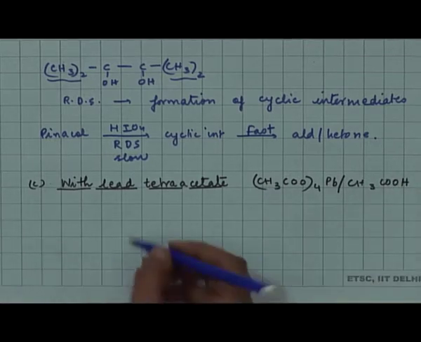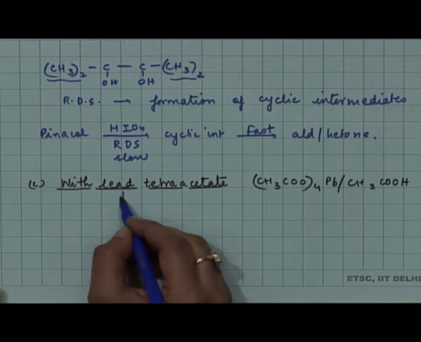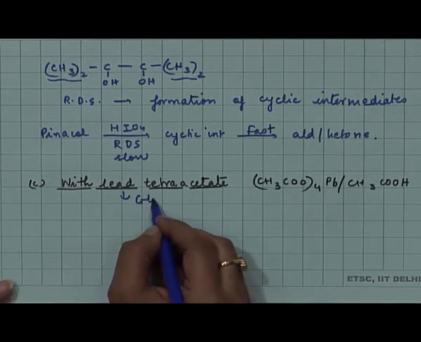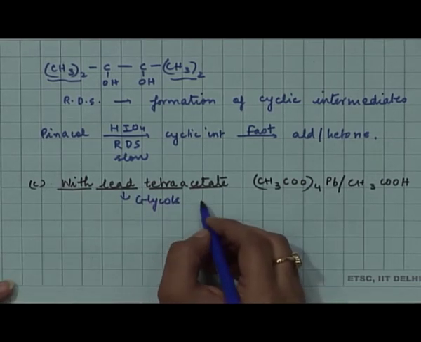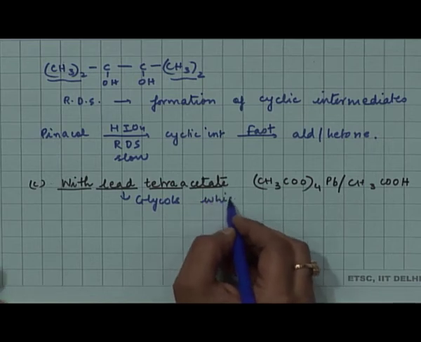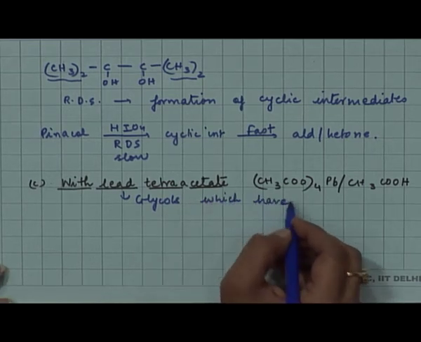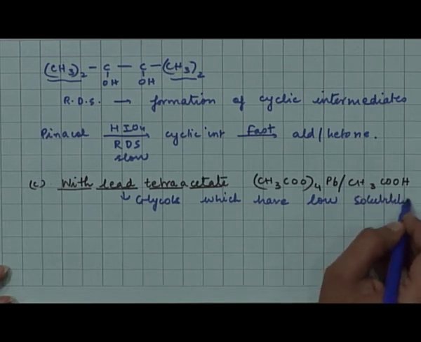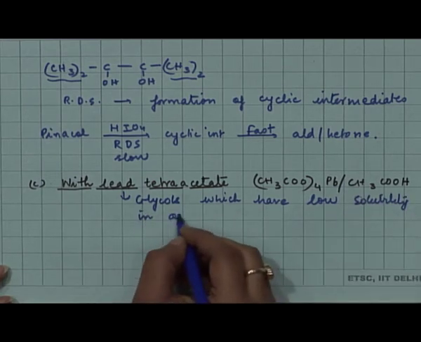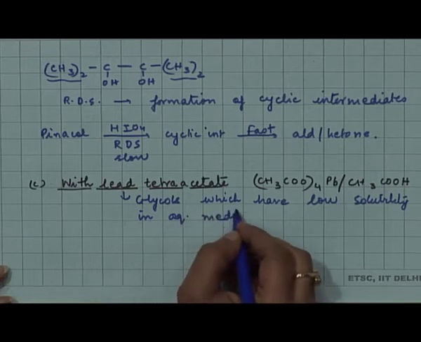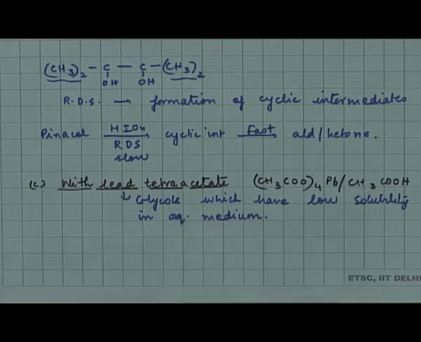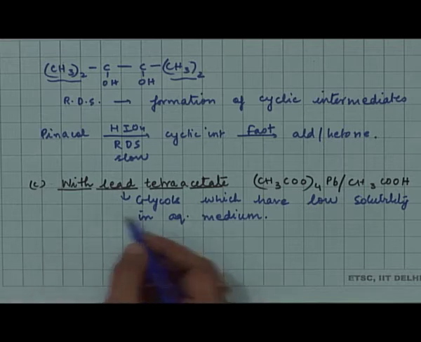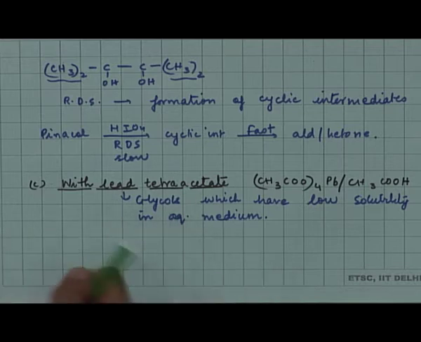Oxidation of glycols with lead tetraacetate becomes important for the glycols which have low solubility in water. Glycols which have low solubility in aqueous medium will be more favorable to be oxidized via lead tetraacetate oxidation. So, this is complementary to periodic acid oxidation.